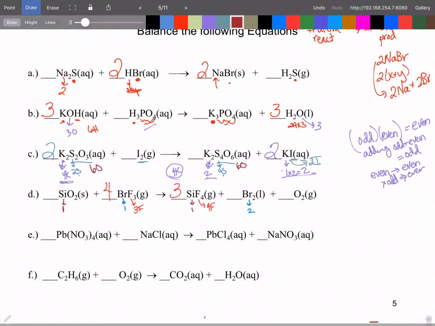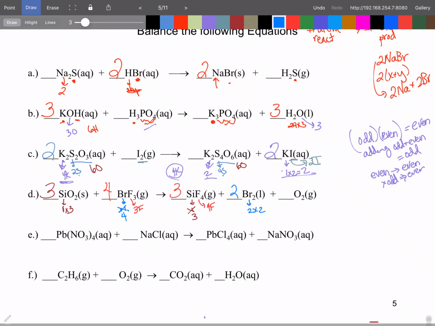Now I've moved to 3 silicons and I still have 1 over here, so I'm going to need a 3 here, so I'll add the 3 there. So now my silicons are balanced, my fluorides are balanced, and I have to go back and deal with the bromines. So now I have multiplied this, and I have 4 bromines here. I still have 2 here, so I'll multiply by 2, so I'm good to go there.